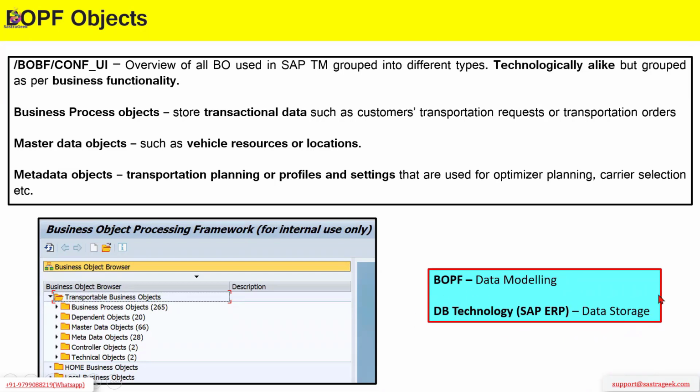That backend data storage is always the same, tables and fields. But the modeling is slightly different. So BOPF deals with the data modeling, and the data storage is the tables and fields, and we will see how these things are structured.